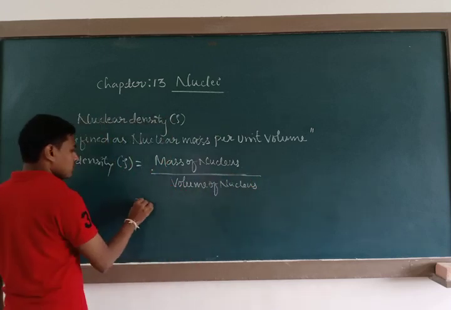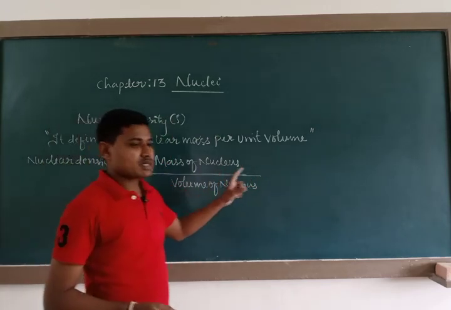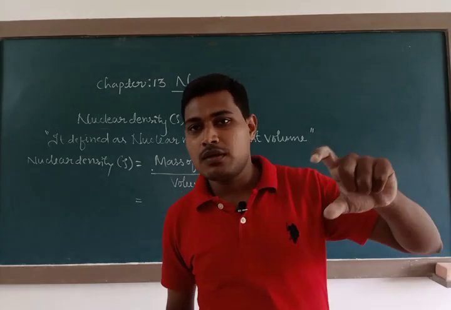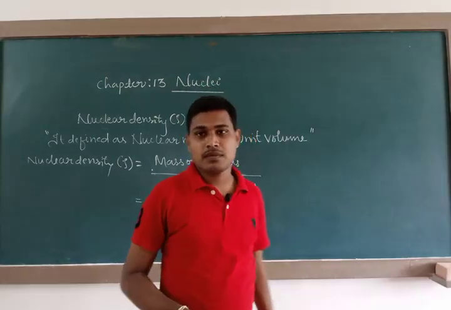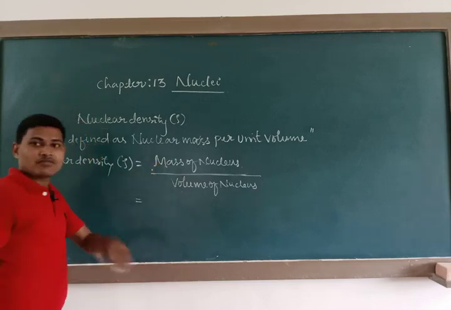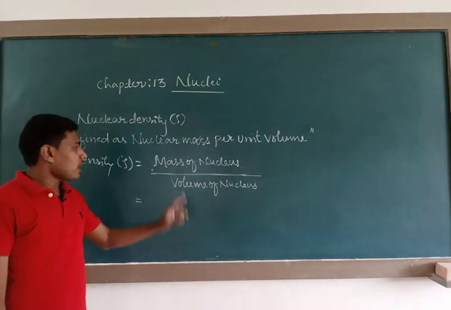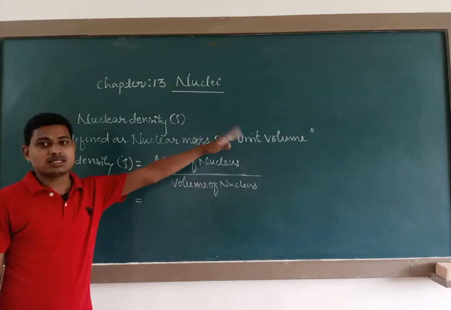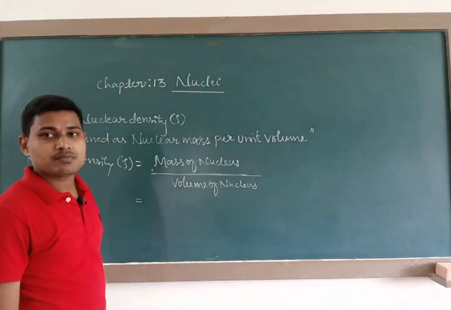We know that the mass number of the nucleus is represented with the letter A. If I multiply that letter A with the mass of a proton or the mass of a neutron, I express the mass of the nucleus in terms of atomic mass unit.